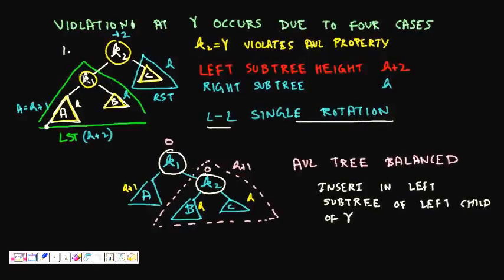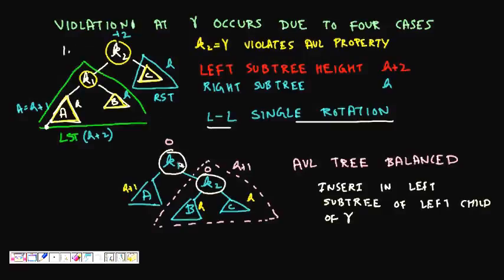So what should we do? I want to balance this binary search tree. K2 is the node which is making it non-balanced. So we make K1 the root, because K2 is greater than K1 by the binary search tree property, and K1 is the left child of K2.